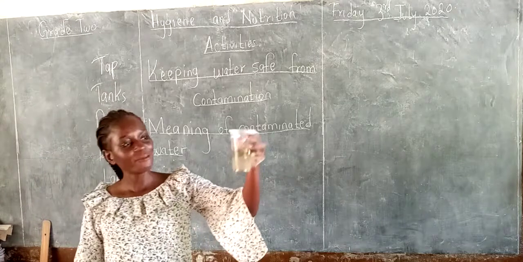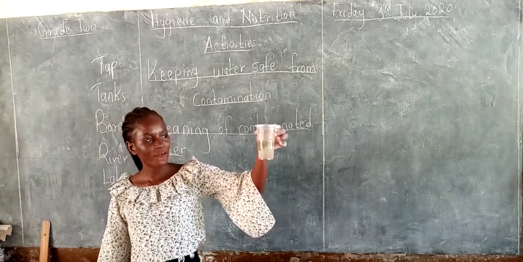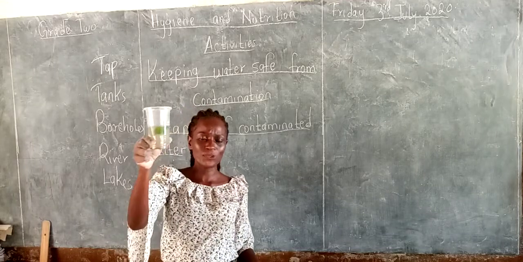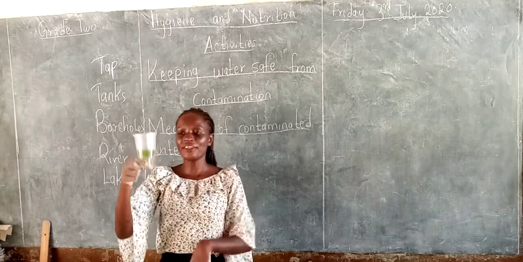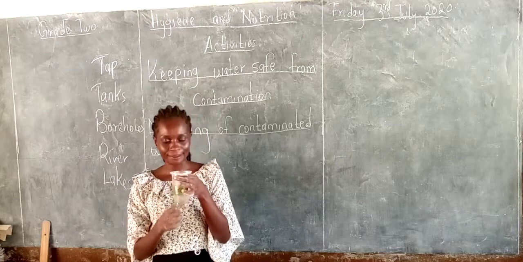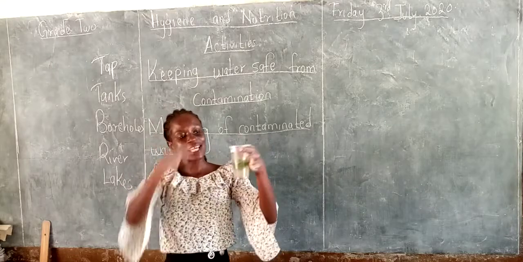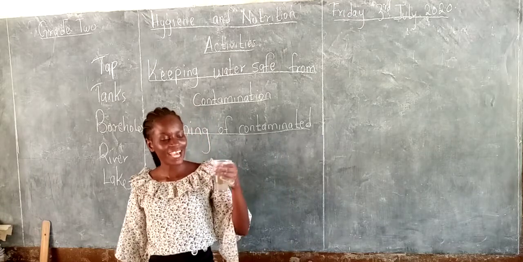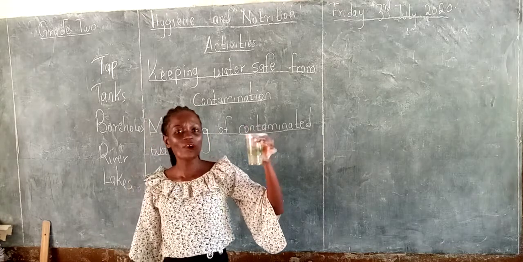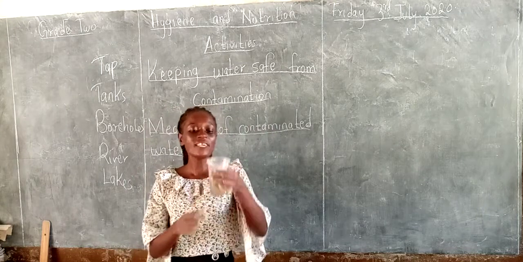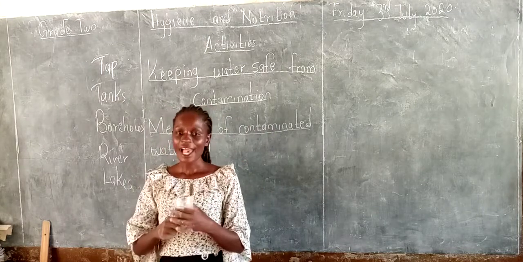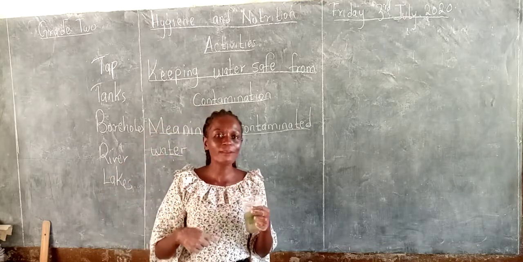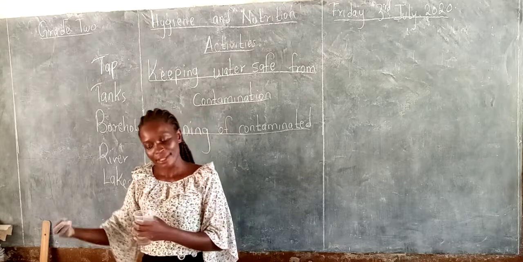Like the dirt. We say dirt is harmful. Why is it harmful? Do you think it is good to drink this water? And what if I drink it? What will happen to me? Yes, the dirt has the germs. And in grade 1 you were taught that germs cause what? Diseases. So it means if I take this water, I am going to swallow germs, and I will become sick.